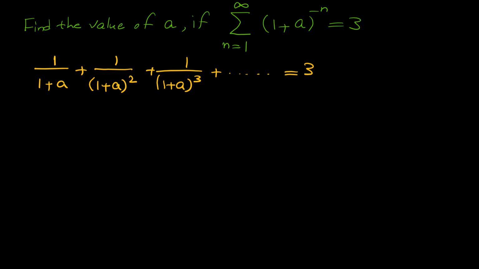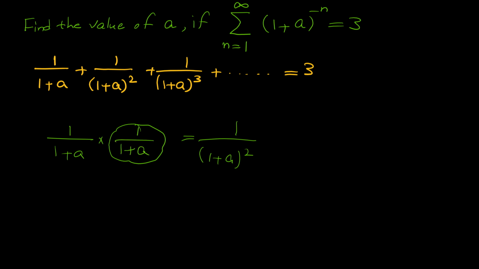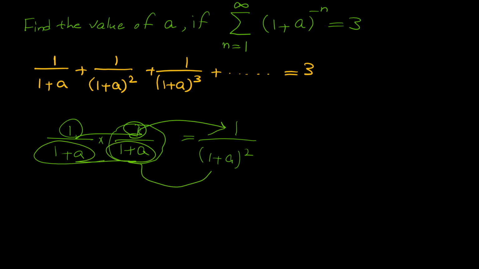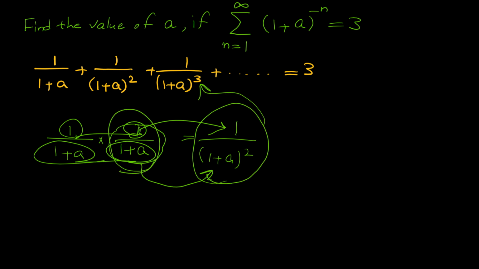You have to look for something that 1 over 1 plus a is multiplied by, and then we have 1 over (1 plus a) squared. That ratio is 1 over 1 plus a, because 1 times 1 is 1, and denominator times denominator is this. If you multiply this term by this ratio, you can get the third term and so on.